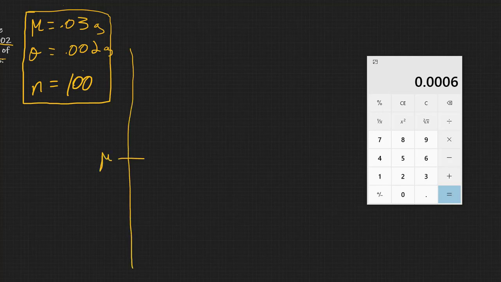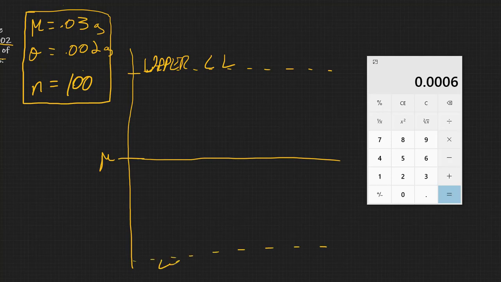where mu is in the middle, and I have an upper control limit that goes across the top. My mu is across the middle, and I have my lower control limit down here at the bottom. You're probably not going to be able to see that, so I'll put lower over here just so that you have it.